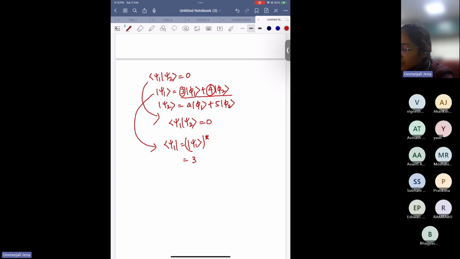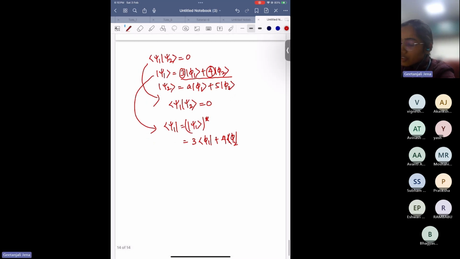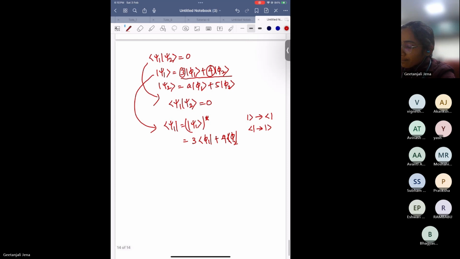Under complex conjugation, the ket phi1 will become bra phi1, plus 4 bra phi2.